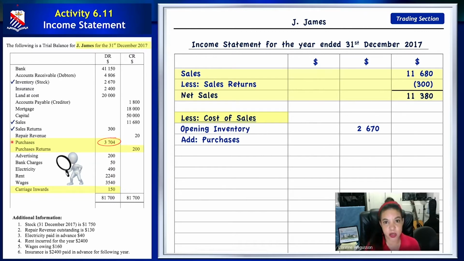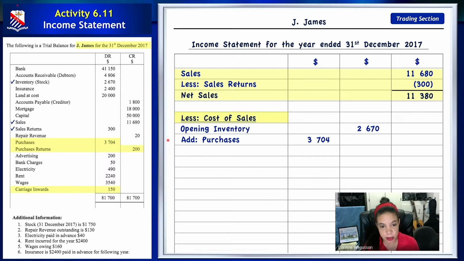Because of that, we cannot place it in this middle column yet because we have to do some calculations, make some adjustments to that figure. So we are going to place our purchases figure in the first column. So the 3,704 you see goes in the first column, and then we will make our adjustments.